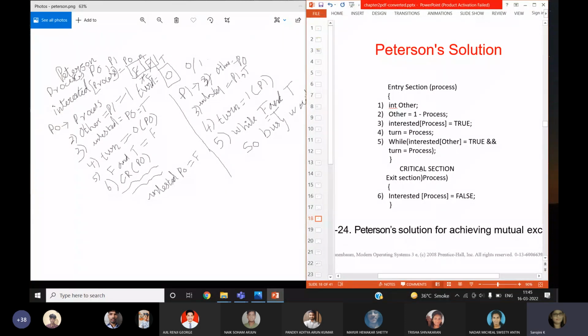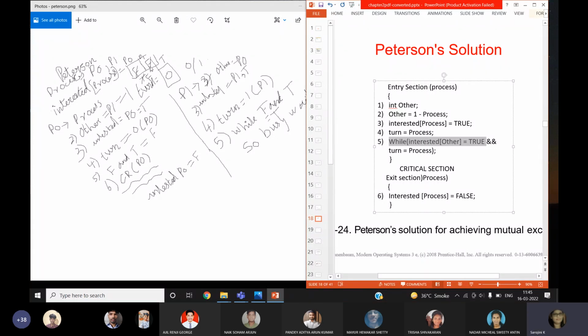Now look at the condition: while interested of other. Now what is other? Other is 1, here other equal to 1. So is interested of other equal to true? Is this true or false? Currently interested of other is false, because we initialized both false.